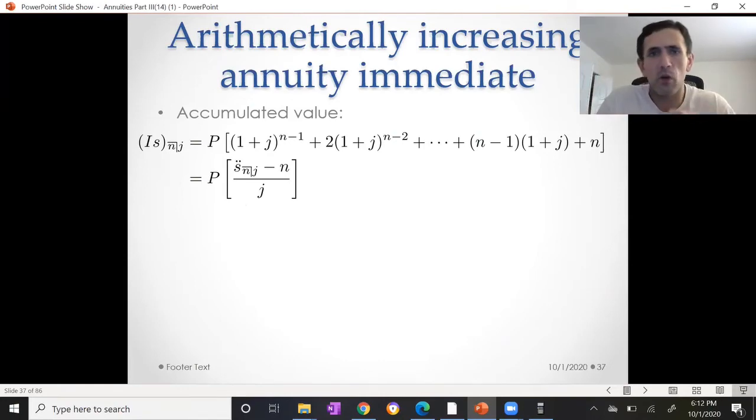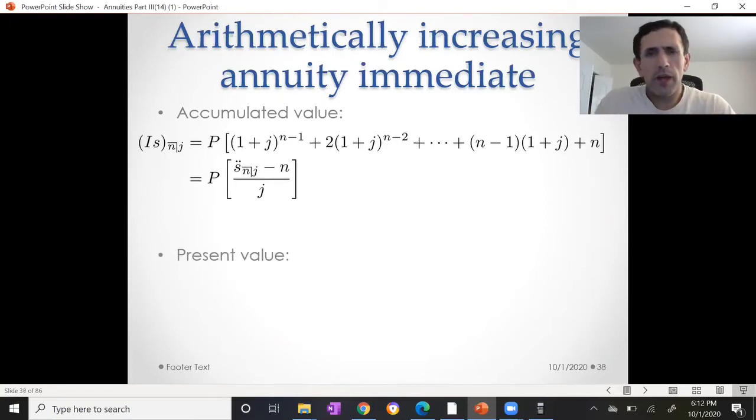In the last video, rent increased by, I think, 3% per year. And then right after you get rent payments, you invest into a fund earning 2%.